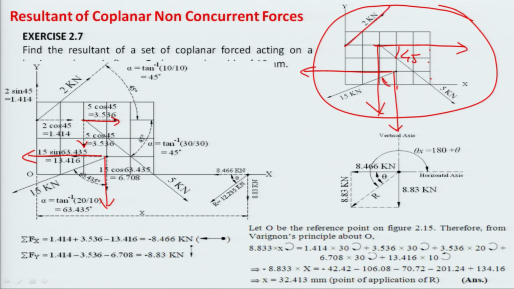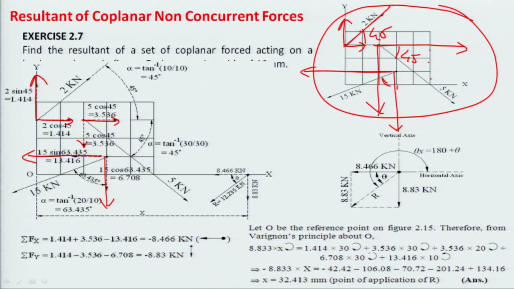This 20 Newton force needs to be resolved in these two directions, this one and this one. This angle will also be 45 because tan theta equals 1 divided by 1, so it is 45. So, both components will be the same.